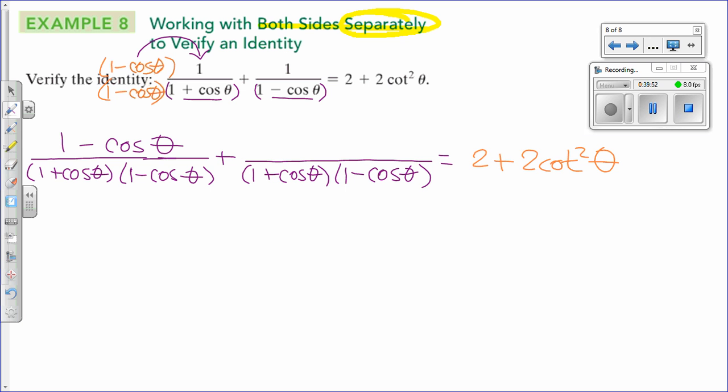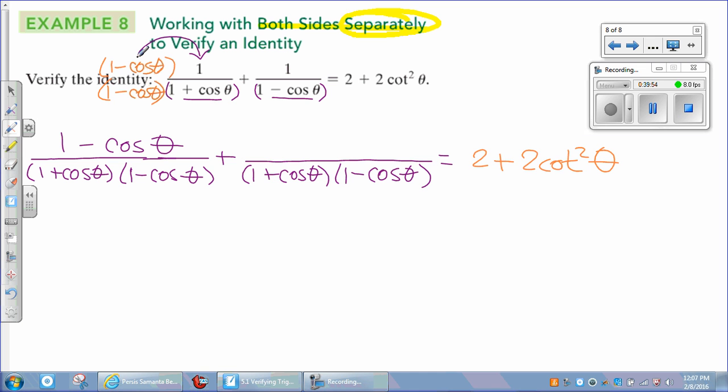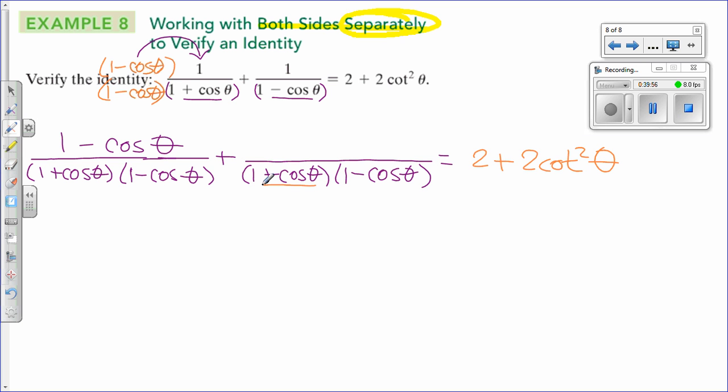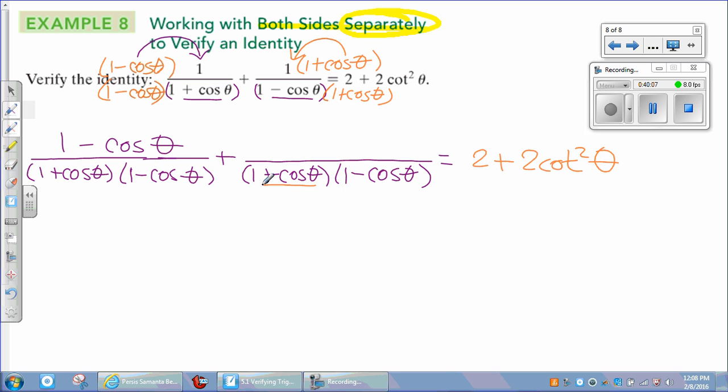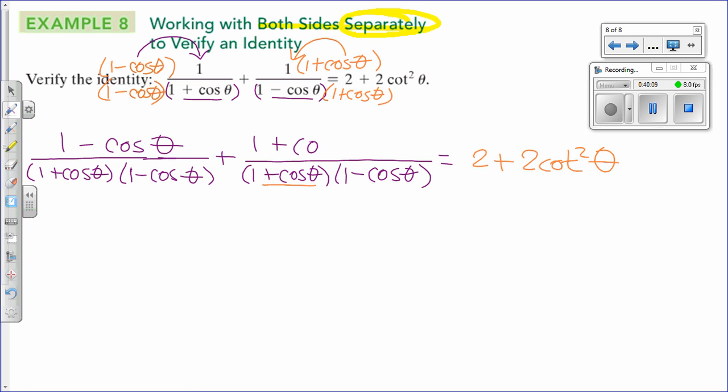Now the second fraction needs to be multiplied by 1 plus cosine theta, so we do the same thing for the top and bottom. And so that times 1 will just be 1 plus cosine theta.